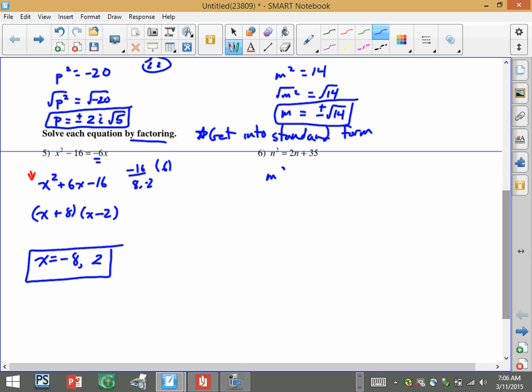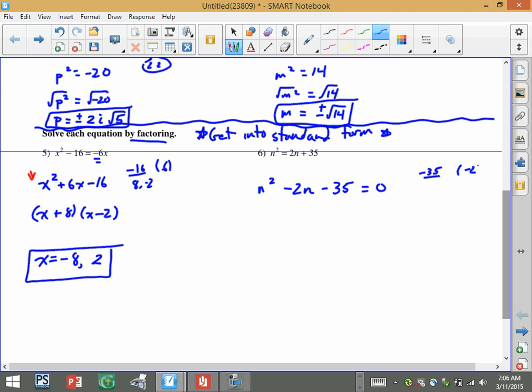Here we have n squared minus 2n minus 35. So again, step one is to get this thing into standard form, equal to 0. And so I need factors now of -35 that add up to be -2.